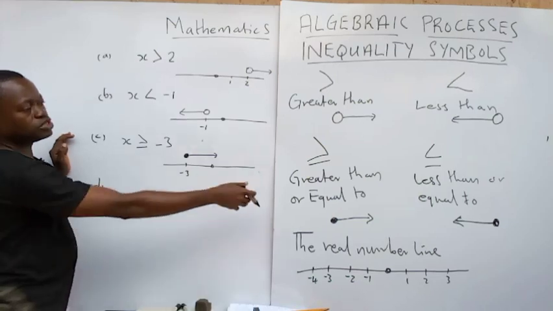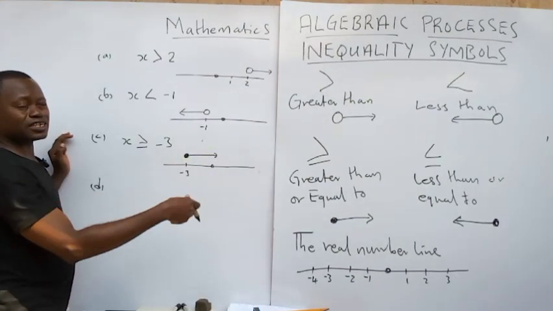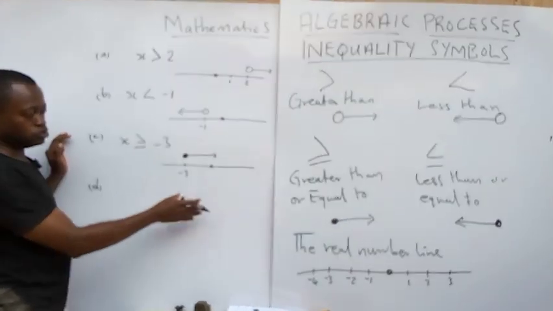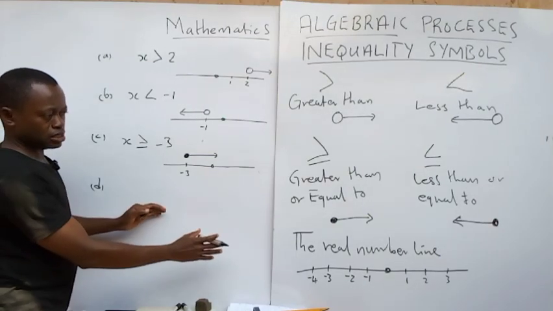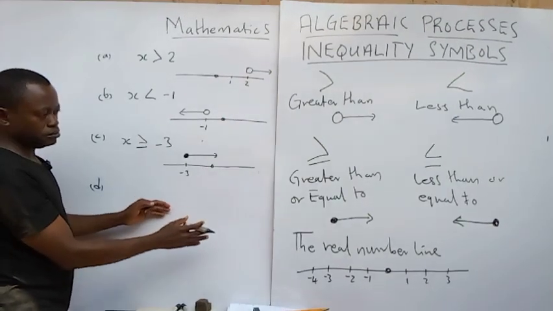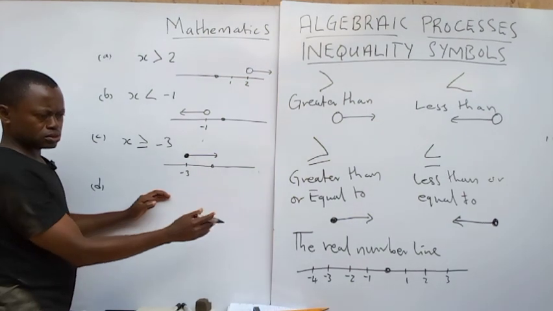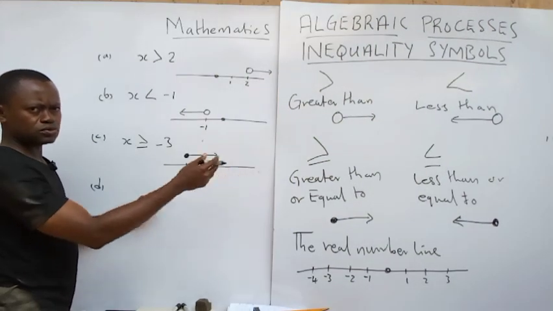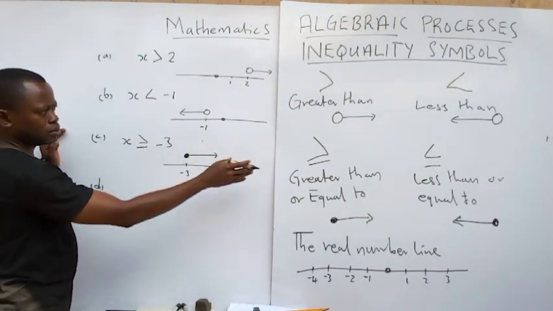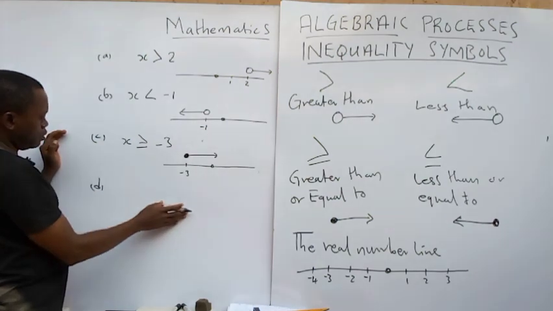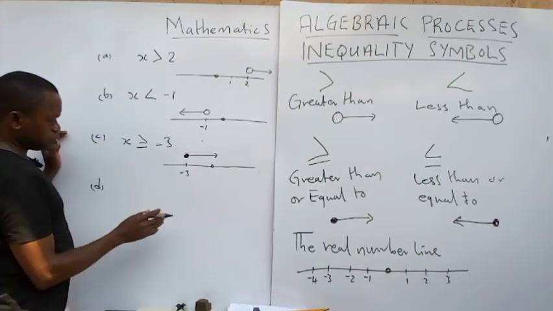Please, we are going to be deploying this in the next 4 to 5 classes. This is the introductory part of it. We are going to progress into simple problems and then complex problems. Then we start solving WAEC examinable questions that come from inequality. So please, you follow us.